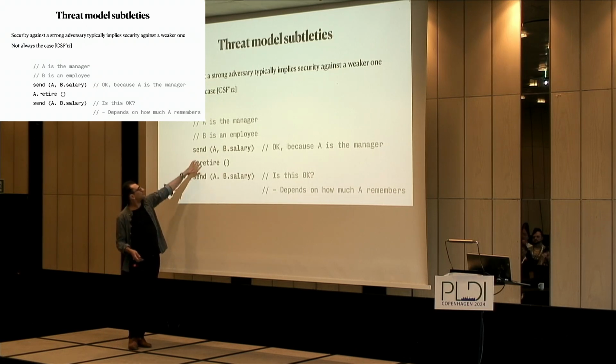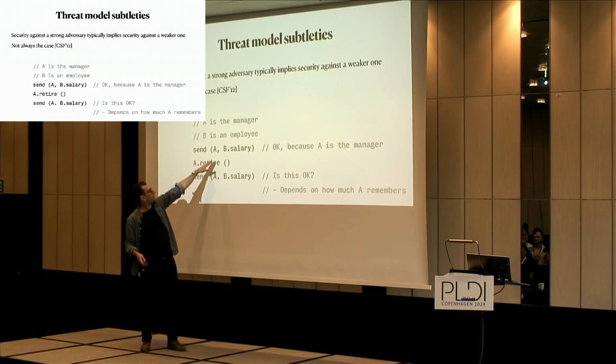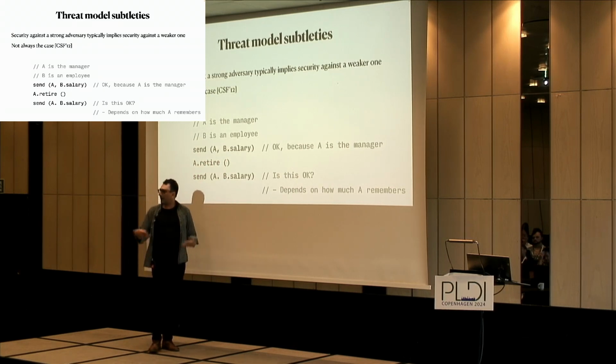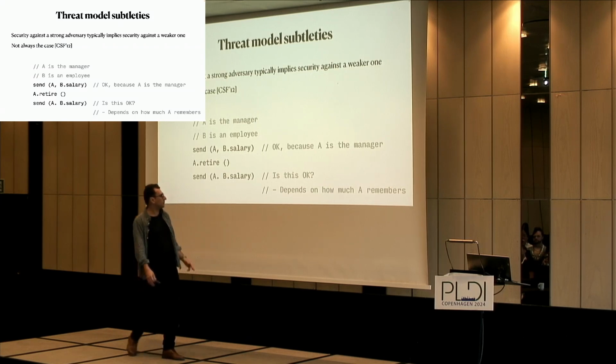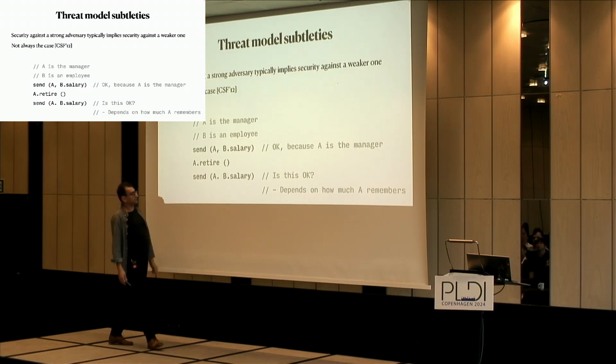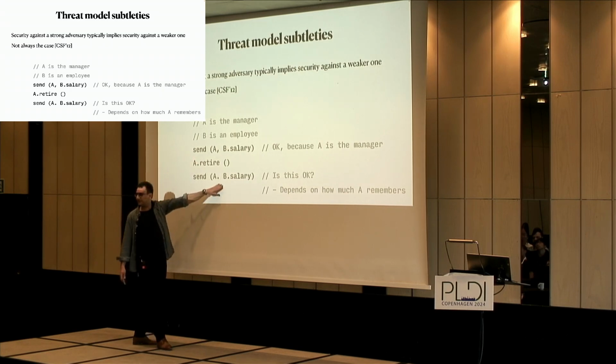So if I have a line that says, send to A what B's salary is, that's A-okay, right? They have access. It's okay to let them know. Now it's time for A to retire. They are no longer the manager. We are doing the same operation yet again after A has retired. Now we're asking ourselves the question, well, this was okay, fine. What about this one?